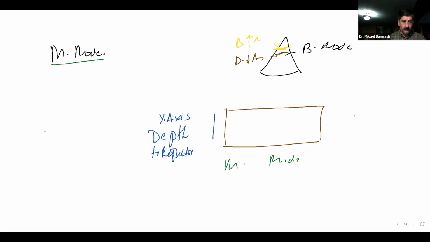Whereas in M mode, the other axis that we have is the x-axis, and what the x-axis is going to display is time.